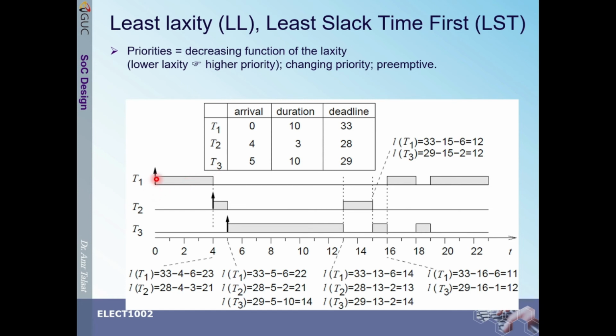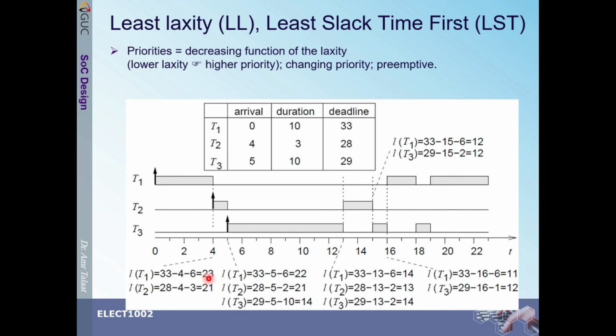Here, we are going to start with T1. This is the only one we got. As soon as T2 comes at clock arrival 4, we are going to calculate the laxity. How are we going to calculate it? The deadline is 33, minus 4 clock cycles I finished, minus 4 still missing or still I have to do, then I have 23 clock cycles needed to finish this task before the deadline.